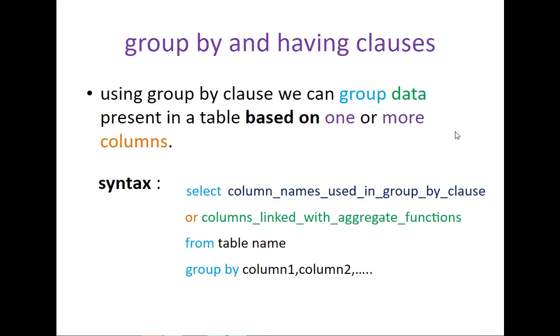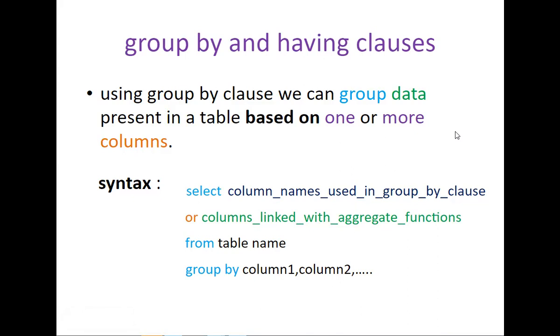So just understand, using group by clause, we can group the data based on one or more columns. Based on which column we want to group the data, that you have to specify after the group by clause. In the select list, we can use only the column names which are used in group by or are linked with the aggregate function.